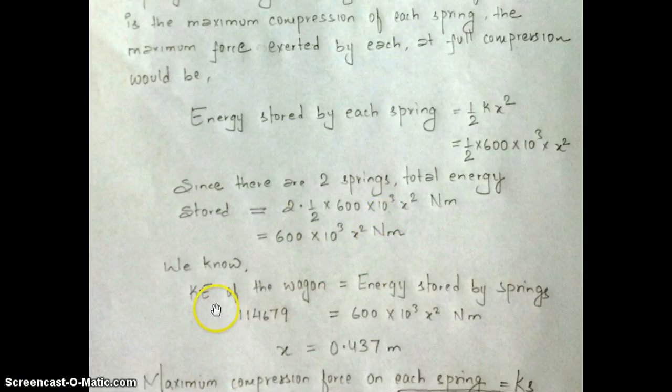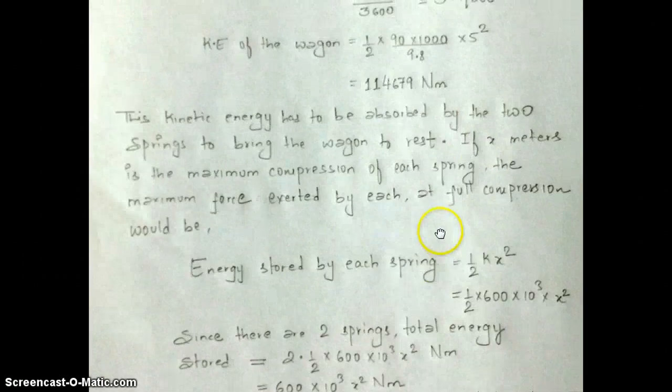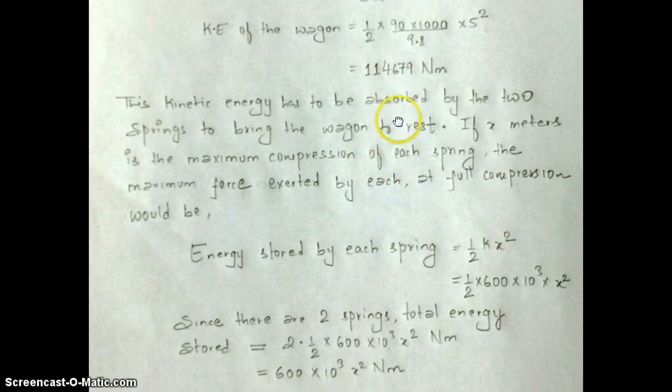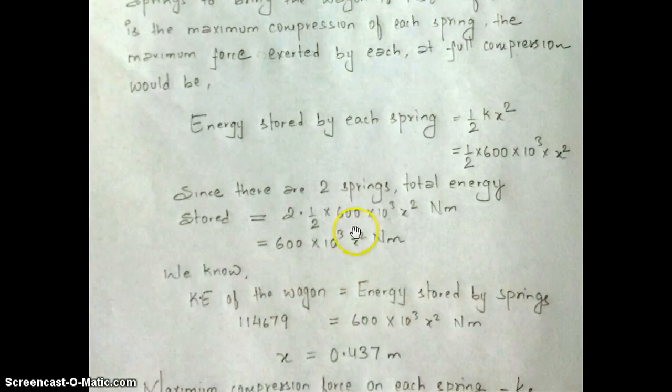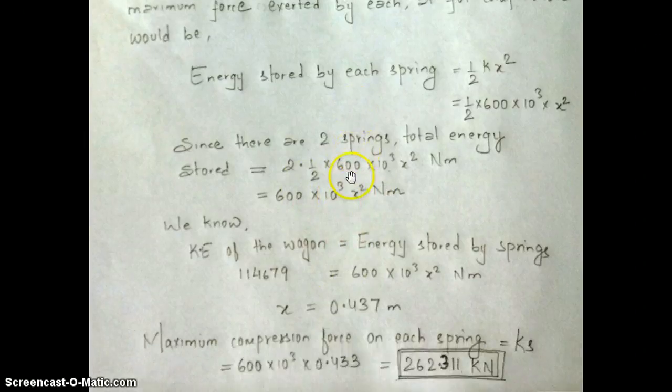Now we know the kinetic energy of the wagon is equal to the energy stored by the springs. So the value that we calculated, 114,679, is equal to the total energy of the two springs. So we equate them and hence we can find the x value.